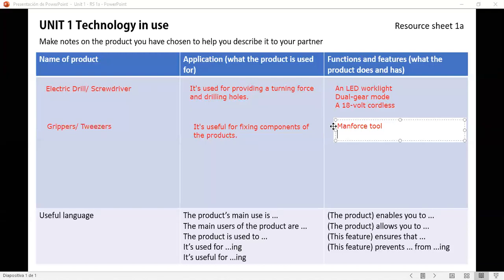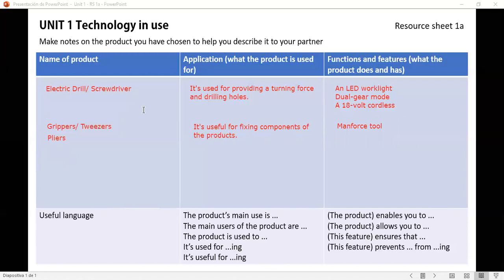In other occasions, we also have this kind of gripper with metal material and different design. This is pliers.